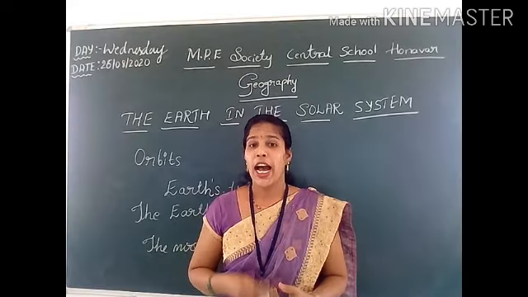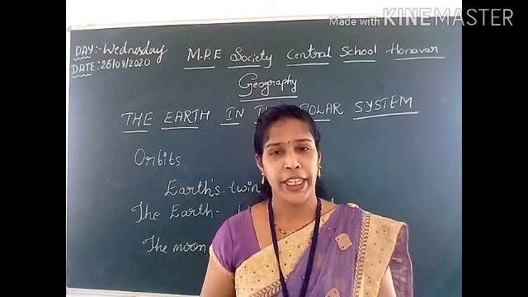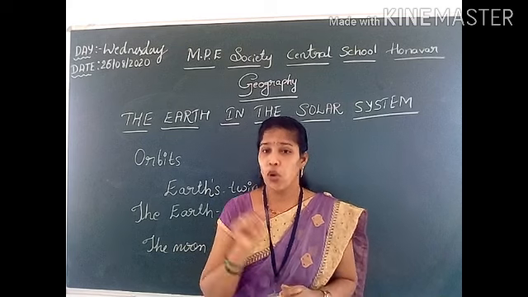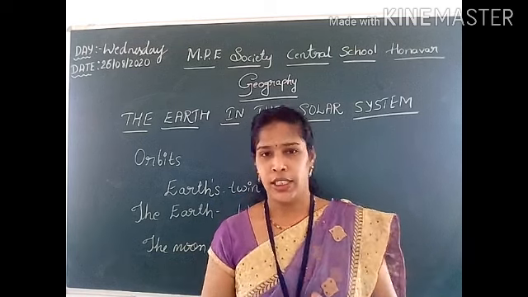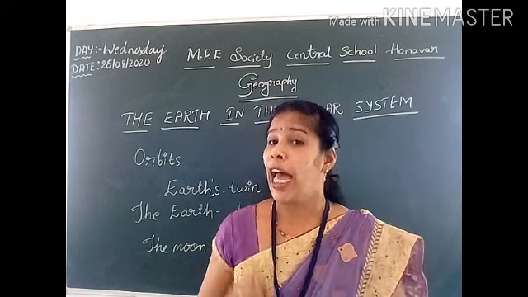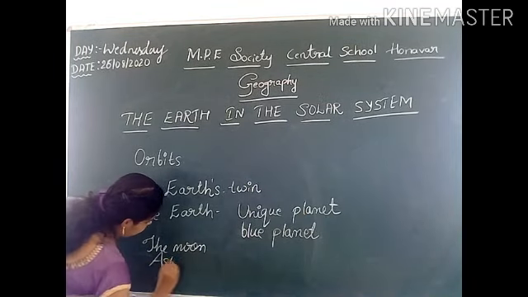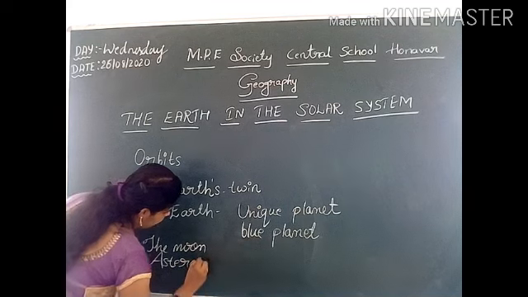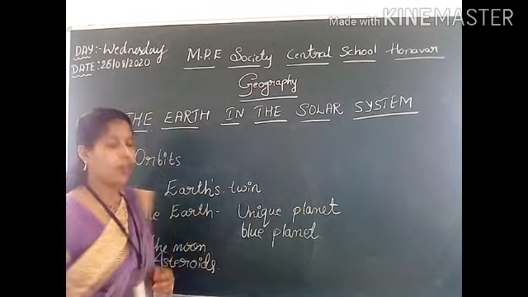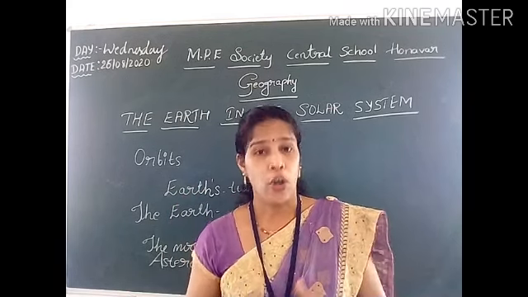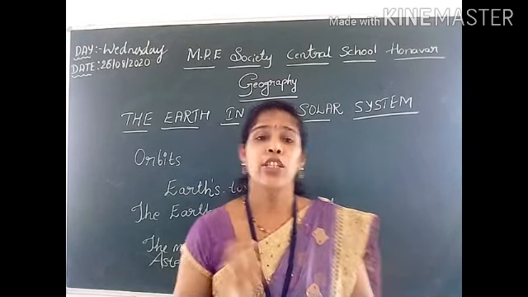Dear students, apart from the stars, planets and satellites, there are numerous tiny bodies which also move around the Sun. These bodies are called asteroids. These asteroids are found in between the orbits of Mars and Jupiter.